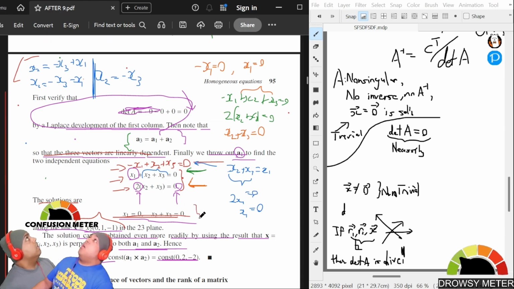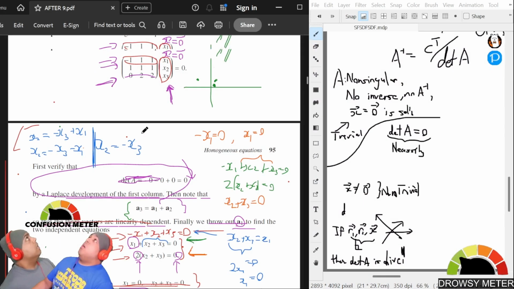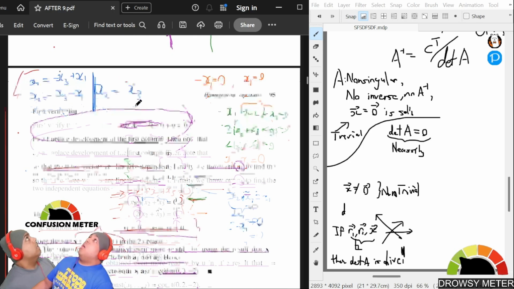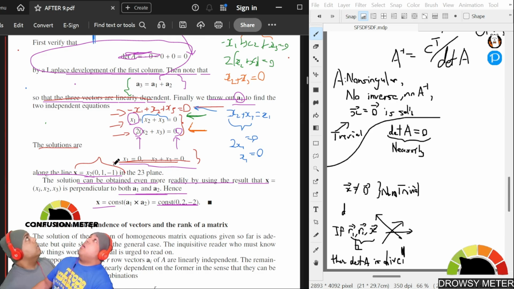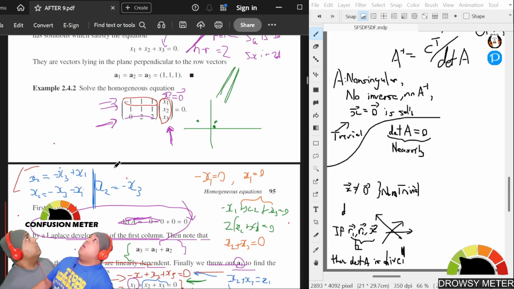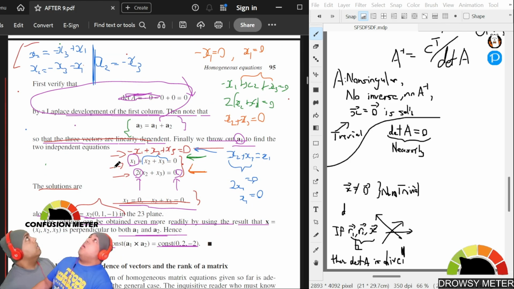Why do we focus on x2? Okay, I think I get it. Maybe.